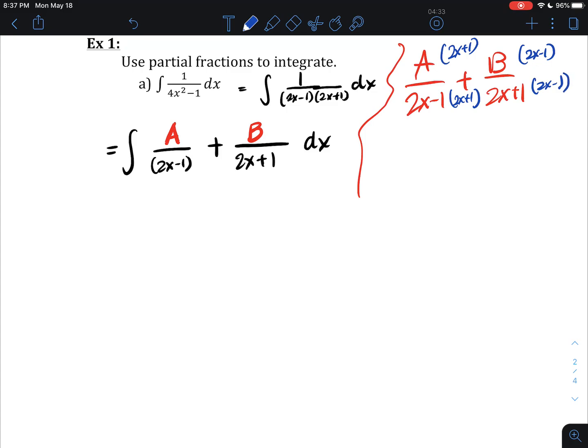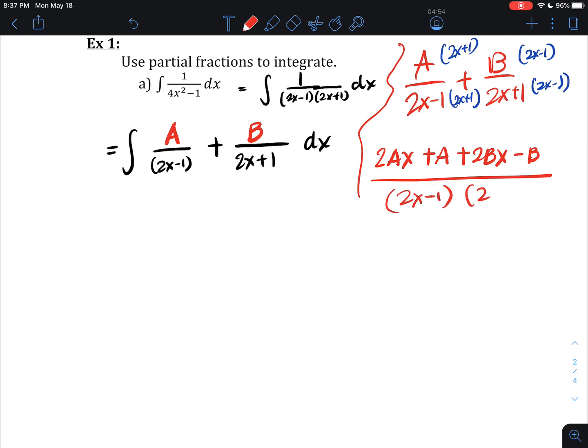Okay. Let me go back to red. So then this is going to give me 2ax plus a plus 2bx minus b over 2x minus 1 times 2x plus 1. Okay.